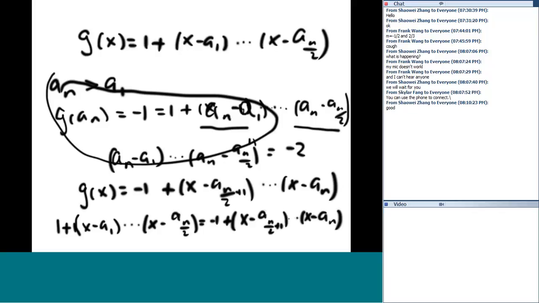So the smallest one is in the... You see the problem?